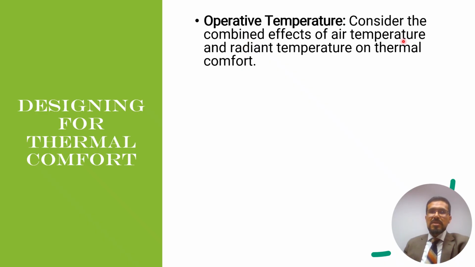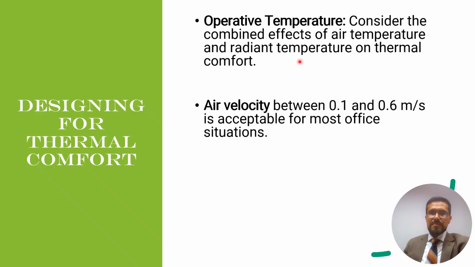It could be appropriate to use the operative temperature in cases where the surfaces have a very different temperature than the air, for example during winter, if the windows are colder than the indoor air. But in most cases, just controlling the air temperature is good enough to create comfortable environments.